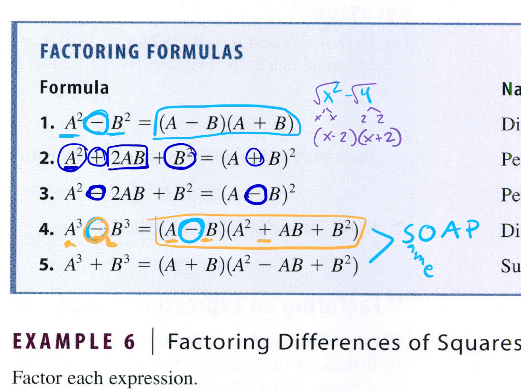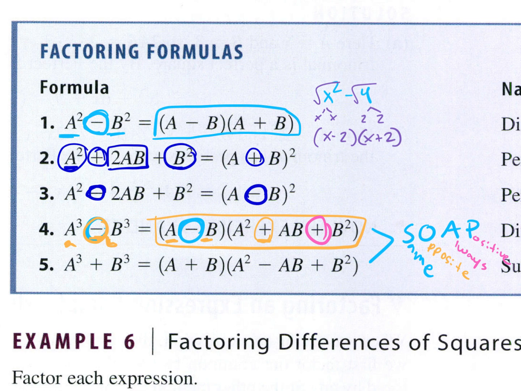So here, since I started with a minus in the equation, the next sign is going to be a plus, so opposite. And then the last sign is always positive. So same, opposite, always positive.